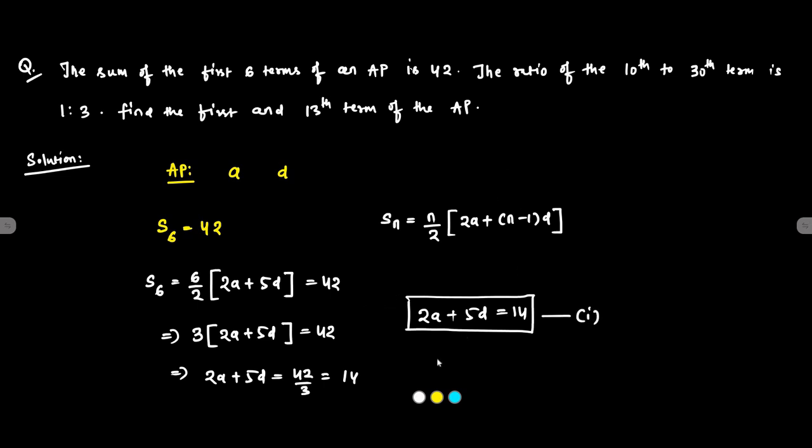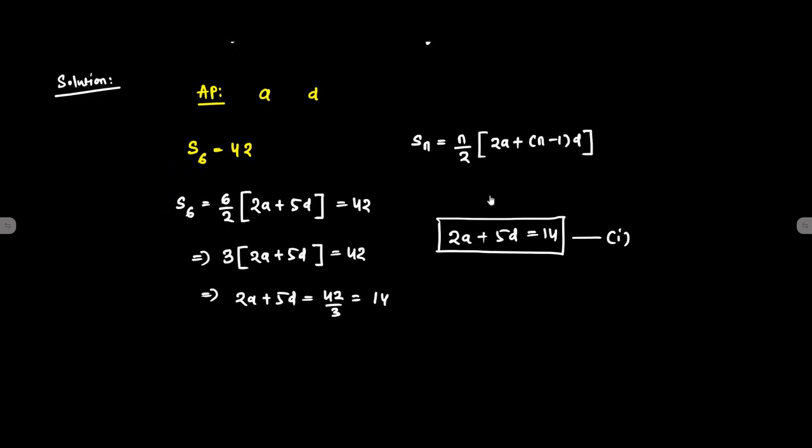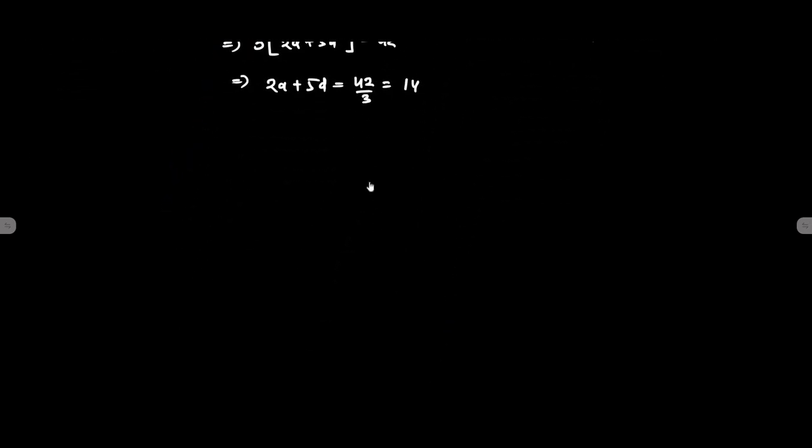Then we have the other information that the ratio of the 10th to 30th term is equal to 1 by 3. That is T10 by T30 is equal to 1 by 3. Now we know the general formula for the nth term of the AP is equal to A plus n minus 1 into D. So here that implies T10 is equal to A plus 10 minus 1 D, n is equal to 10, A plus 10 minus 1 D, that is A plus 9D.